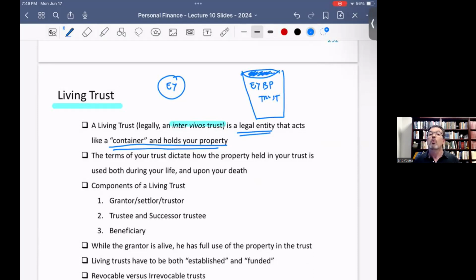I, Eric, am one person, and my trust is a legally separate, legally distinct entity. It's called a living trust because I set it up while I'm alive.